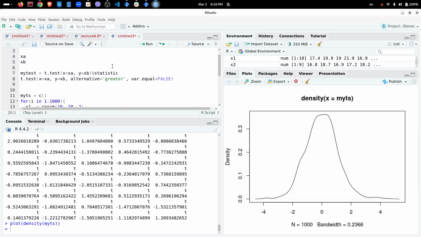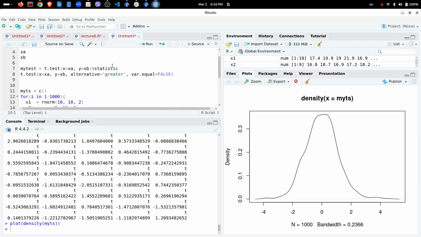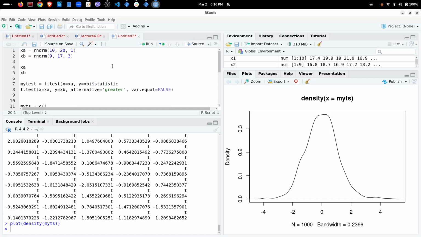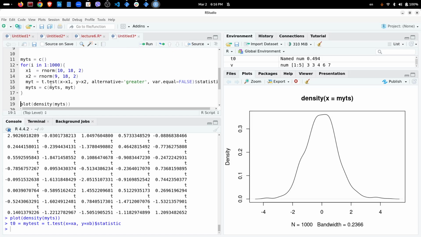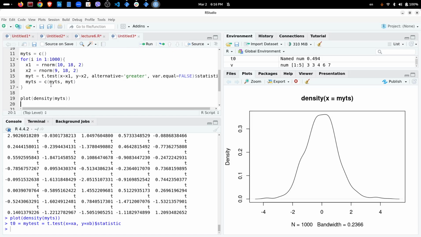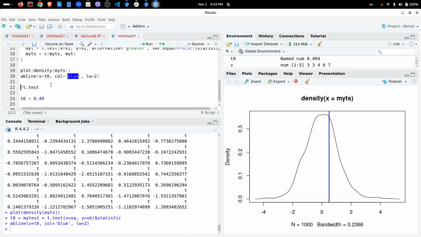So my t0 is this value. So I can make here, for example, abline with v equals t0, color equals blue, and line width equals 2.